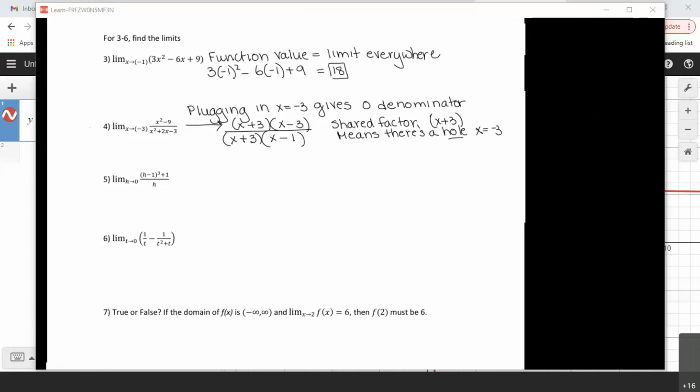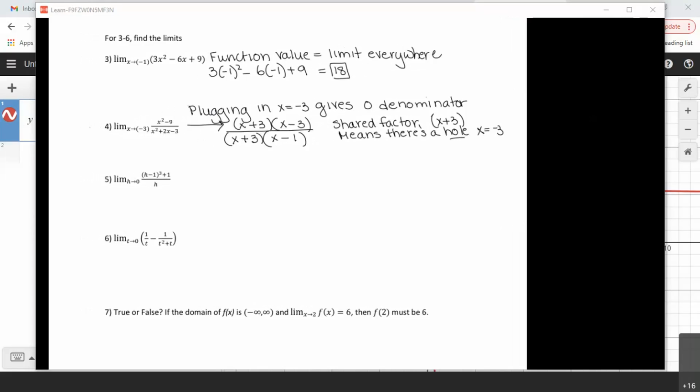There's a hole at negative 3. Now usually, if you remember from the graph in question 1, limits exist at holes. So I don't need to worry so much about the hole.